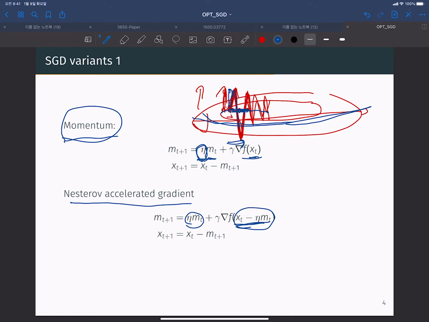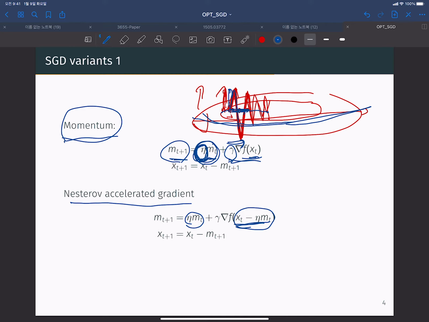So it sequentially stores the m value, the past history, by moving averaging, and then adds new information. Okay, so the ratio of eta and gamma controls how much your new information contributes to the m vector.